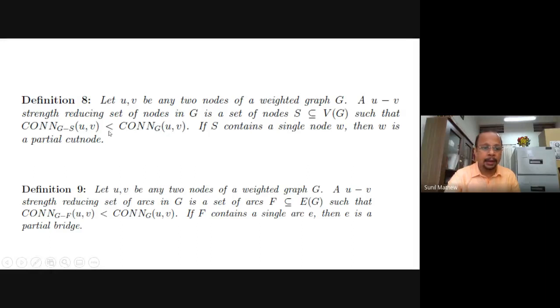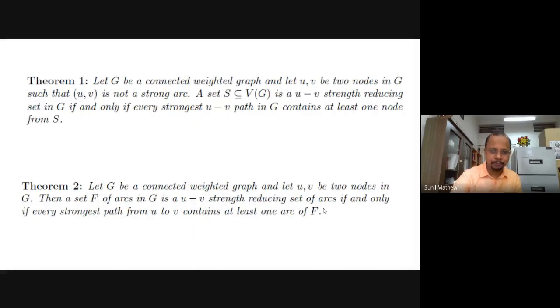Okay, and connectivity follows the same relationship. If S contains a single node w, then w is a partial cut node in the same manner. Then, for any two nodes u and v of a weighted graph, a uv strength reducing set of arcs in G is a set of arcs, with a similar definition. Only that here we focus on a pair of vertices. In the previous one we were searching everywhere in the graph. Here just look at a pair, because we need to write the theorem generalization in terms of a pair of nodes. Fine? Okay.